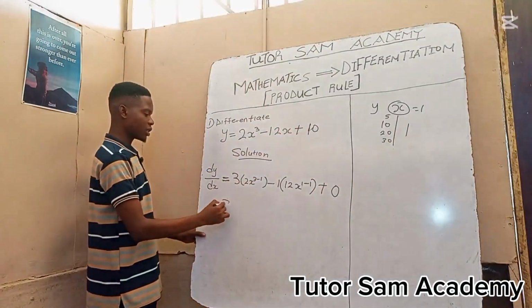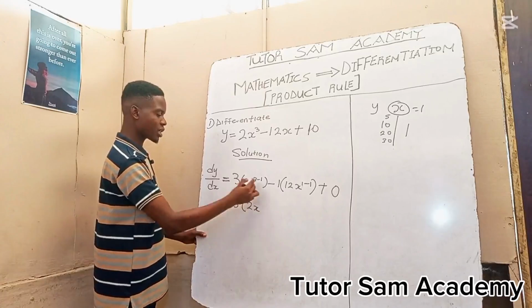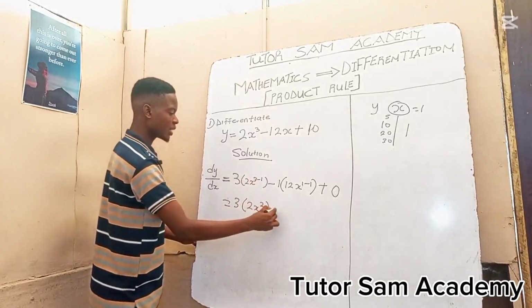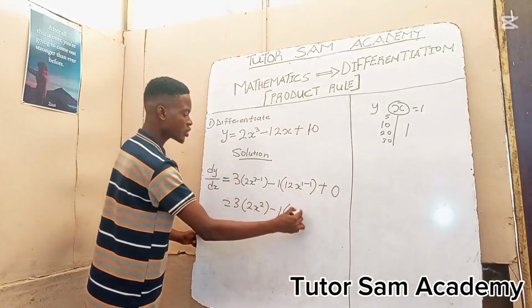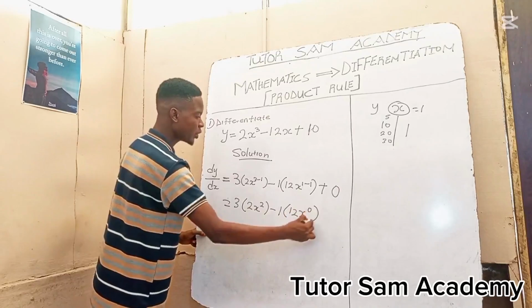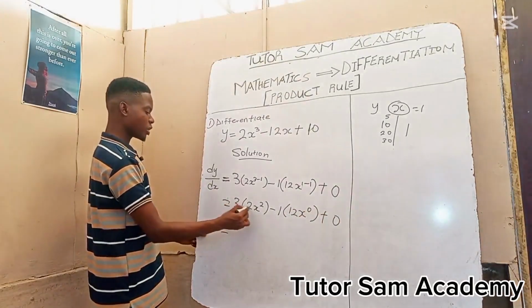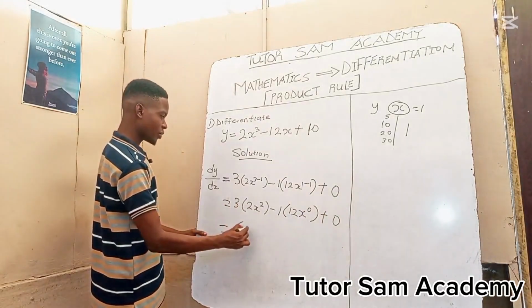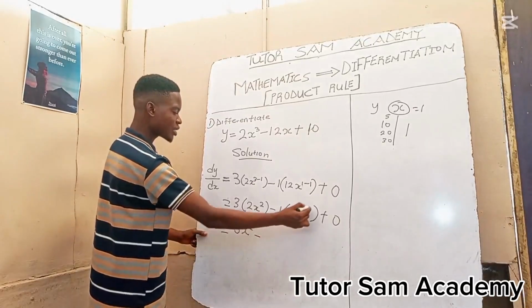Now let's proceed. This is 3 into 2x, 3 minus 1 is squared. Minus 1 into 12x raised to the power of 1 minus 1, which is 0, plus 0. Finally, we can say 3 multiplied by 2 is 6x squared minus 12 times x raised to the power of 0.